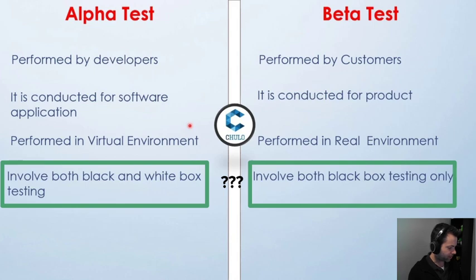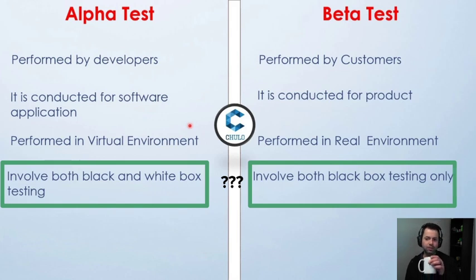But here I've got another question, another key point to think of. Alpha testing involves both black and white box testing, while beta testing is black box testing only. Why wouldn't we have any white box testing at the beta level?